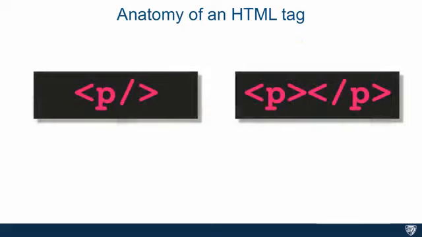Now, if you've dealt with previous versions of HTML, especially XHTML, you might be familiar with the idea of a self-closing tag. A self-closing tag is basically an XML type of shorthand notation for a tag that happens to not contain any content. For example, if we wanted to have a placeholder in our HTML document for some other content that we'll dynamically insert at some later point, that would be one example when we would need an HTML tag that has no content to begin with.